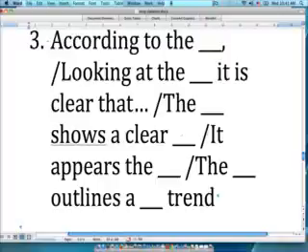Something like that would be fine. It appears the diagram outlines an upward trend, or the graph outlines a downward trend, or whatever.